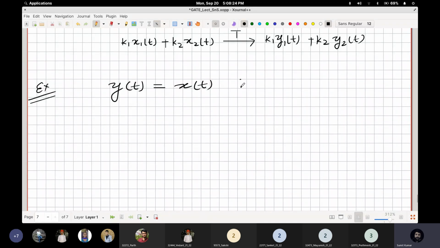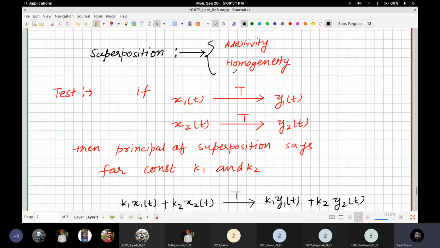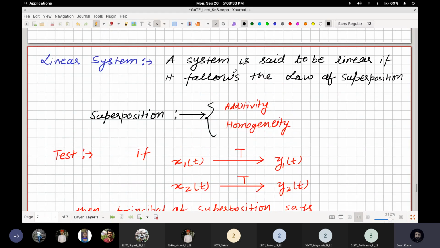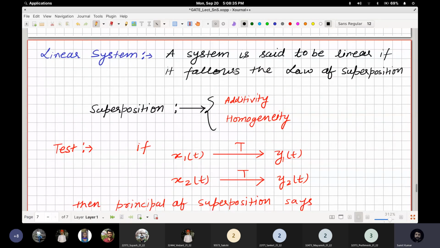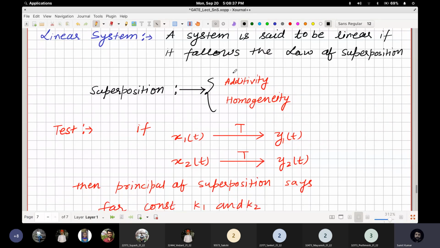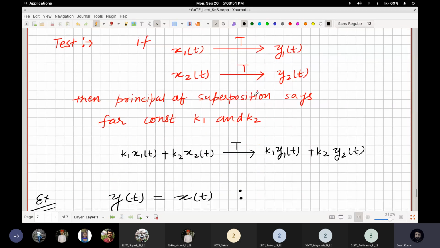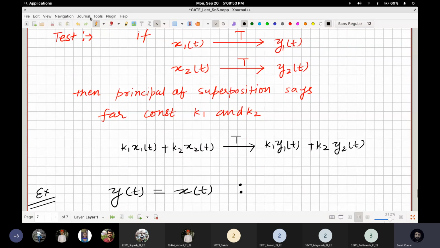Sir, will you please explain again what is a linear system? A system is linear if it is following what is known as the principle of superposition, and the principle of superposition means additivity as well as homogeneity. Additivity I have already discussed, and homogeneity as well. If you combine both of these, then it's going to be superposition, and that can be given by this statement only.